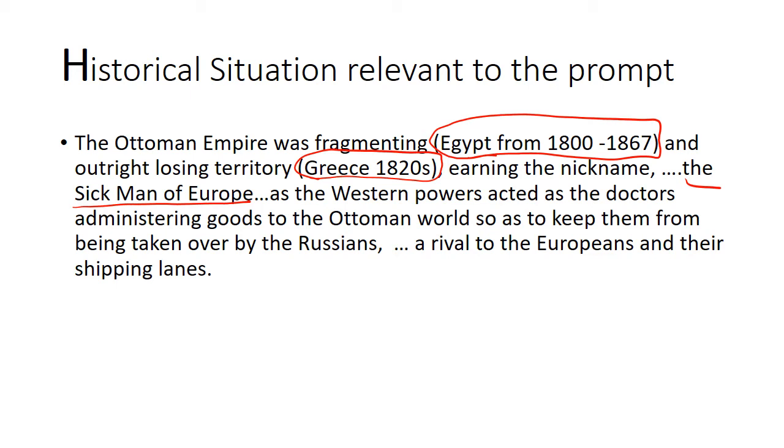Western powers acted as the doctors administering the goods to the Ottoman world. They're giving them technology, weapons, etc. And again, that's to keep the Russians out of the warm seaport that is the Mediterranean.